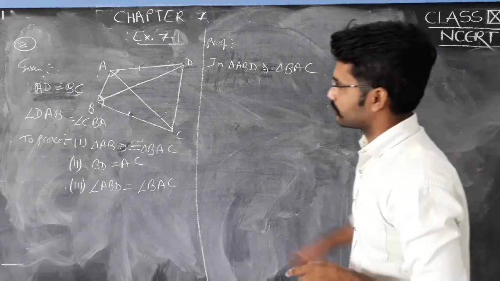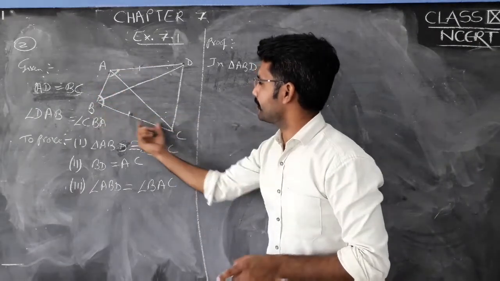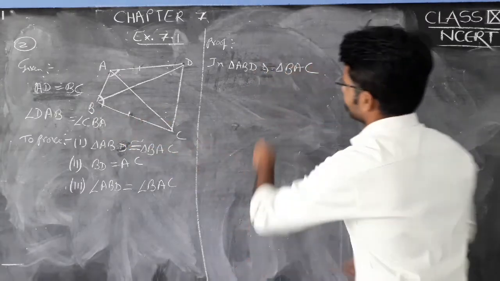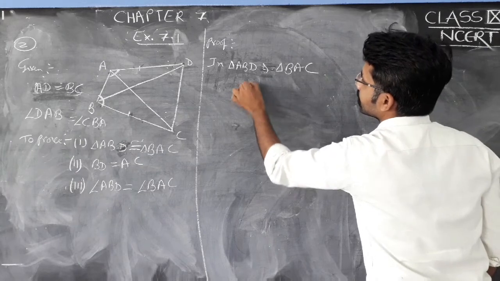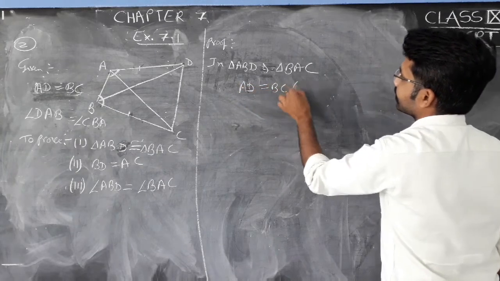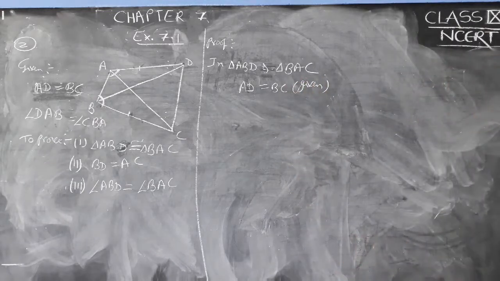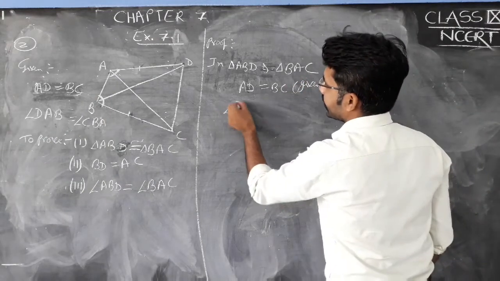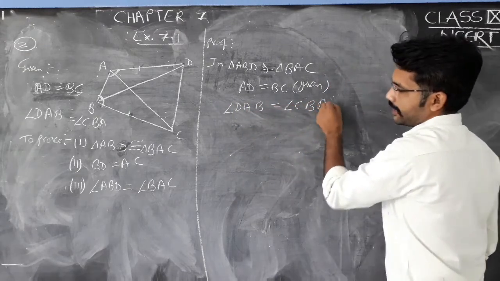In these two triangles, first we have in ABD we have AD, in BAC we have BC. So we take AD equals BC. It is already given in the question. Second we take angle DAB equals angle CBA. It is also given.